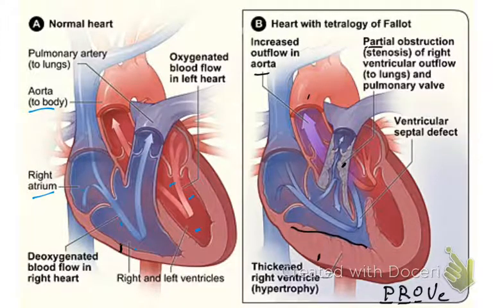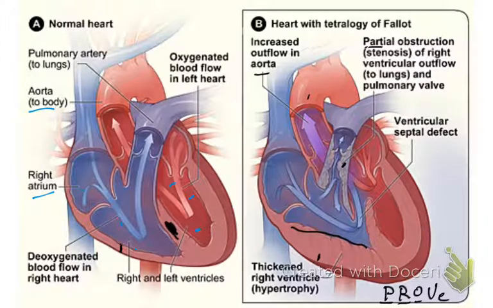Now, you know that we have the septum, which is the one that divides your left ventricle from the right ventricle. This is the septum, just here, follow this. Now this one has a defect, so ventricular septal defect.